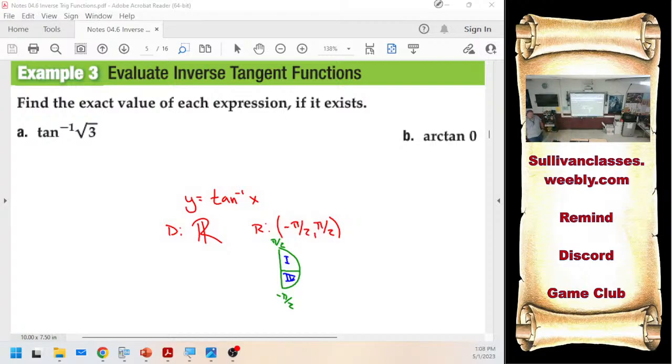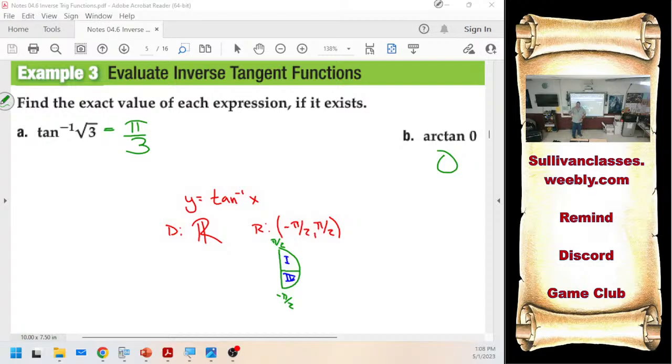What angle has a tangent value of square root of 3? That's it. Just look it up. Okay. Arctangent of 0. Where do I have a tangent value of 0? At 0.